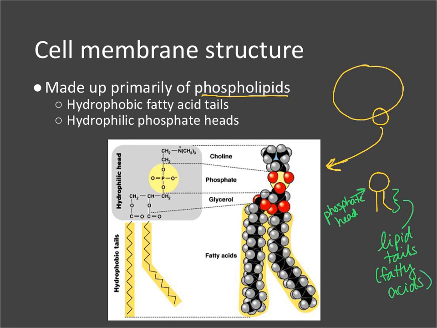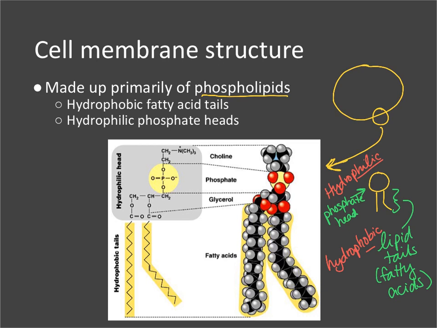The key difference between these two parts of the molecule is whether they are hydrophobic or hydrophilic, because the phosphate heads up here are hydrophilic. Remember, hydrophilic means that it is attracted to water, whereas the lipid tails are hydrophobic, meaning that they are repelled by water, so they don't like to be in contact with water.